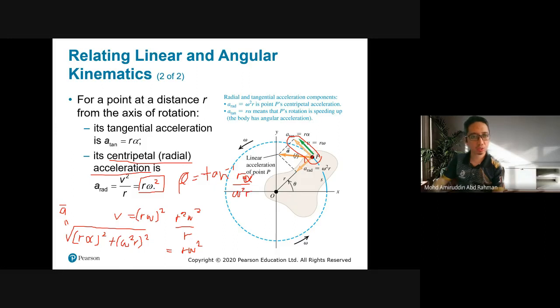So it is actually the inverse tangent of alpha divided by omega squared. Do you get that? Any questions so far?